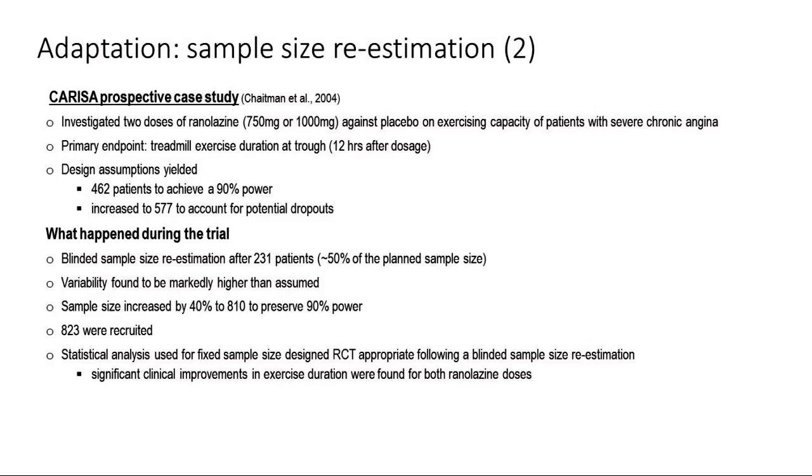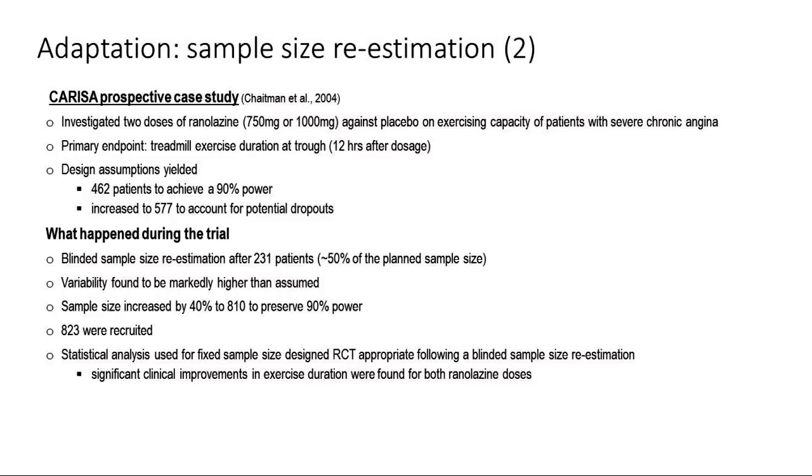And they did a blinded review sample size re-estimation. Blinded in the sense that you don't need to know the treatment that patients were allocated to, which is good because we don't want to introduce bias during the course of the trial. So you just look at the overall estimate using all patients. So they did that, and they realized actually they were wrong. Their assumptions were not accurate.